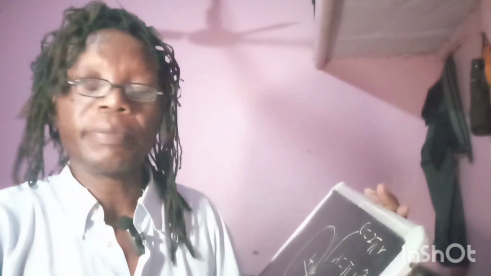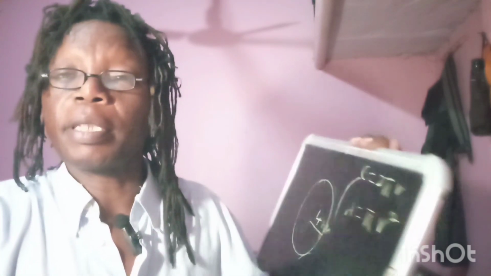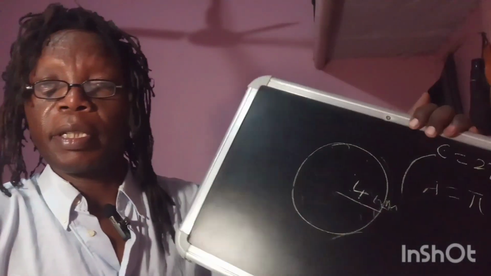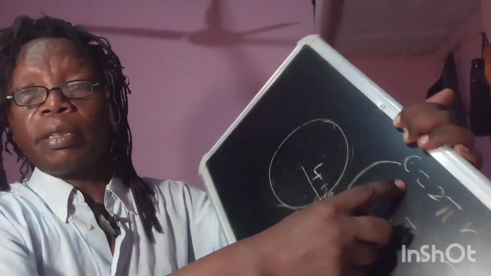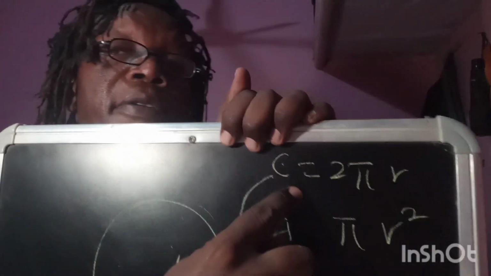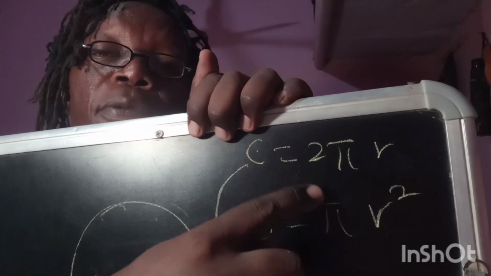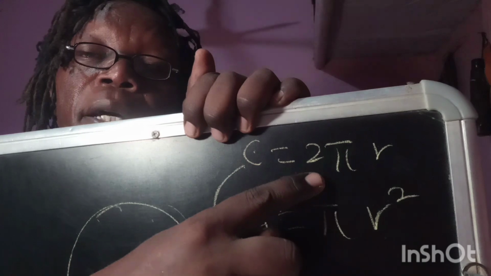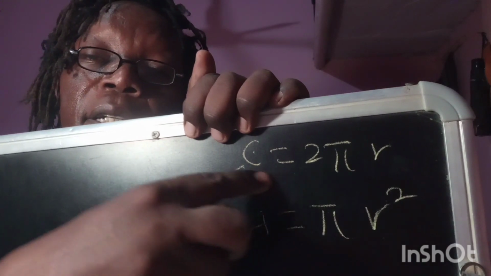What is the circumference given the radius to be 3 centimeters? And finally, what is the circumference given the radius to be 4 centimeters? You know the formula, write it down: C is equal to 2 pi r. That's how you find the circumference.